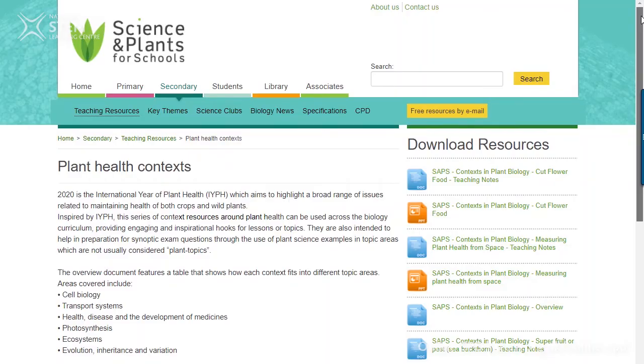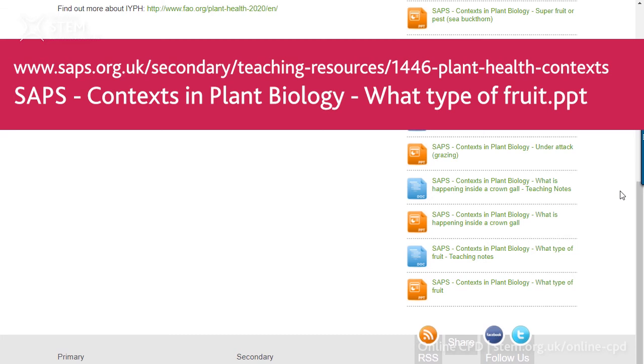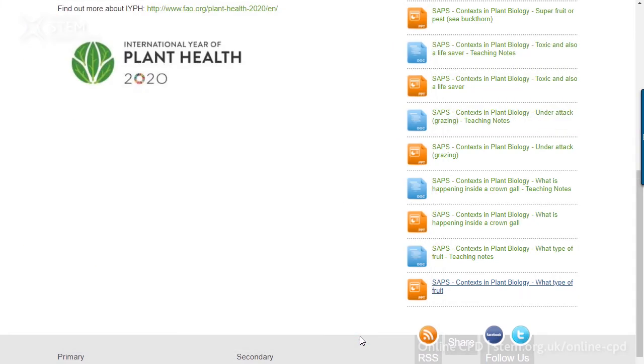On the resource that Alex was talking about, for the International Year of Plant Health, there's a whole lot of PowerPoints. It's the bottom one, and it's about bananas, on breeding resistance or trying to acquire resistance to the particular fungi that can affect the clones of bananas, like the Cavendish banana.